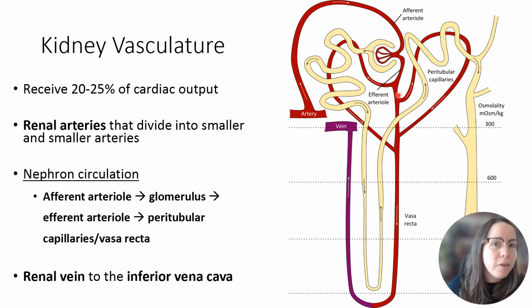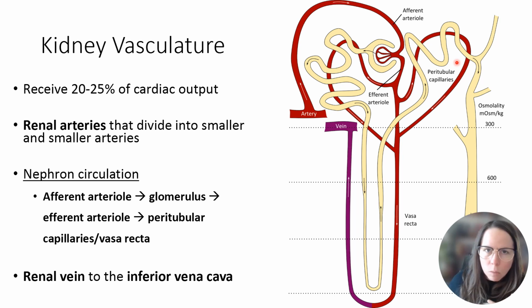We then have an efferent arteriole that's going to take any blood that didn't get filtered back away from the nephron, and it's going to distribute and branch into either the vasa recta or peritubular capillaries. These are going to have physiological roles that we're not going to get into in our class, but suffice to say, the peritubular capillaries and vasa recta are continually moving either salts or water or other metabolites into and out of very specific areas of the nephron.